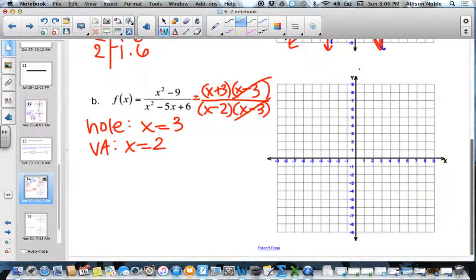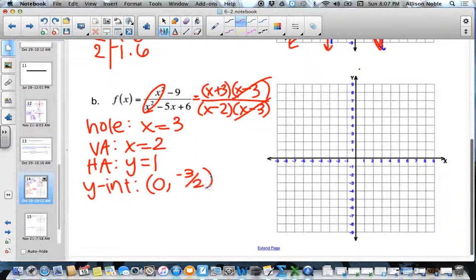And my degrees are equal, and so I know I have a horizontal asymptote at y equals 1, because x squared divided by x squared, the coefficients are 1 and 1, which would divide to be 1. And then if I plug in values and find my y and x intercepts, my y-intercept is (0, negative 3/2). For my x-intercept, you would get both positive and negative 3, but I know I have a hole at 3, so the only one that is true is (negative 3, 0).